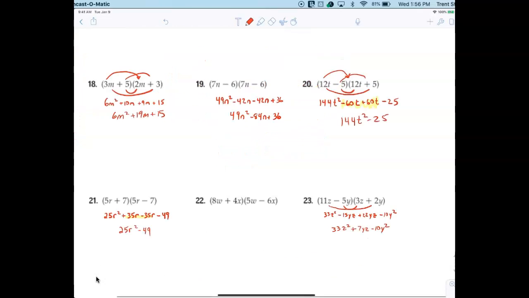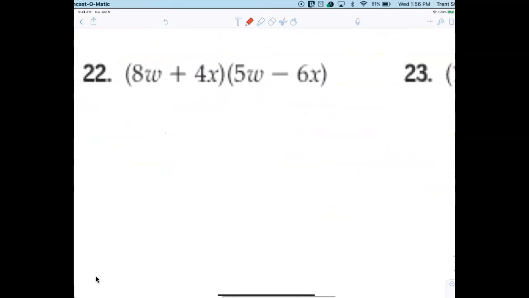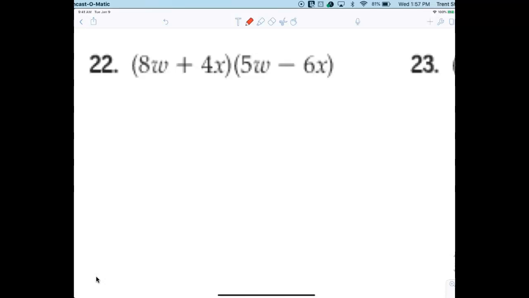All right, here we go. Let's check out number 22. Now they're trying to be a little sneaky here by doing multiple letters. Does that matter? No. Makes no difference. 8w times 5w, 40w squared. Now, 20xw.